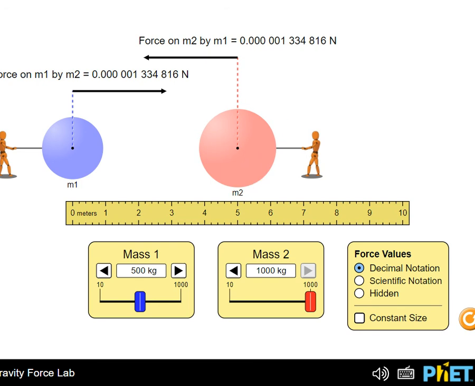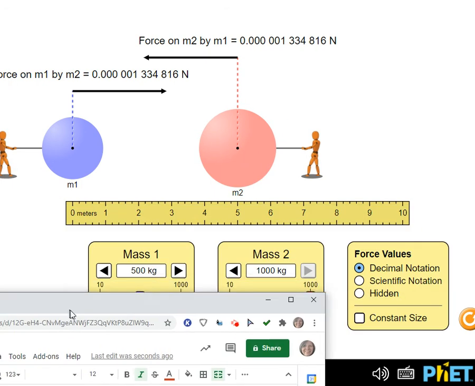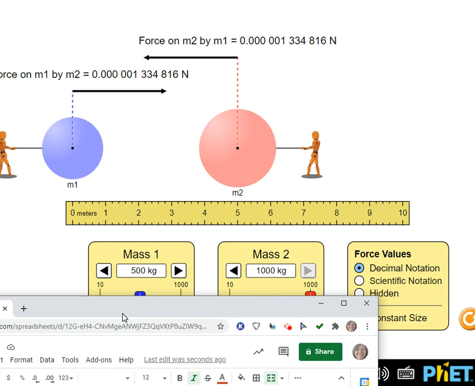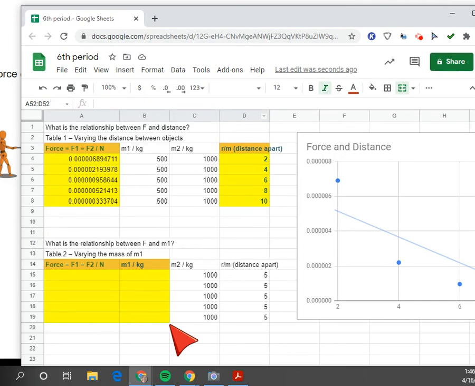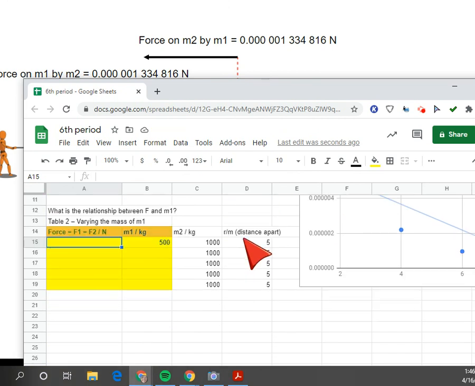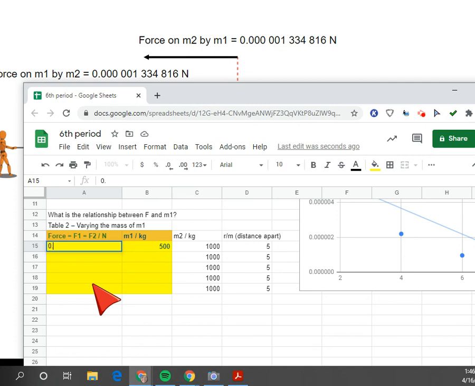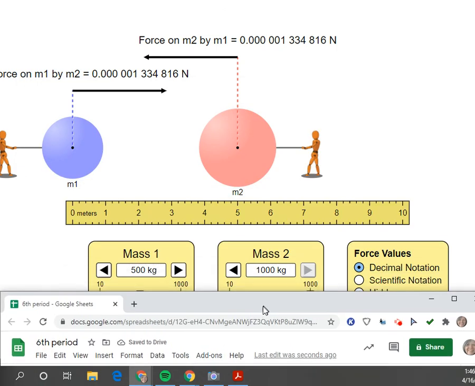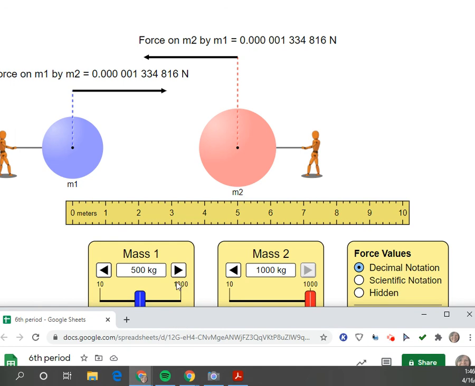Okay. And let's just go 500 kilograms for the first one. And our force would be right here. So we'll type in that number. And then we will increase our mass by 100 kilograms.